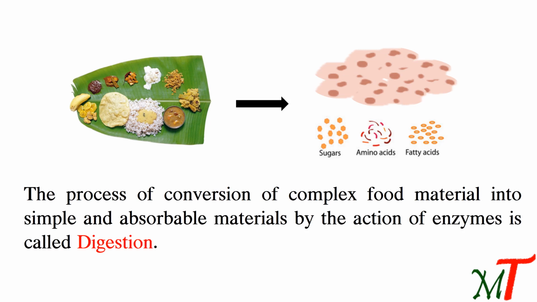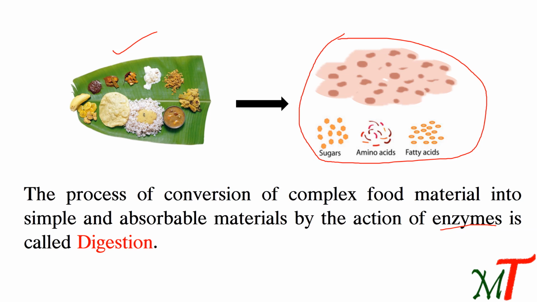The first one is raw food material, that means complex food material. When we eat this complex food material, with the action of enzymes, it is converted into simple food material like this.